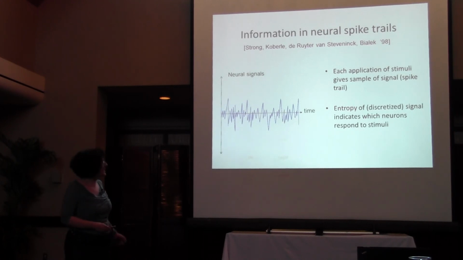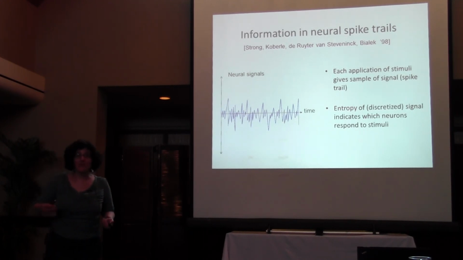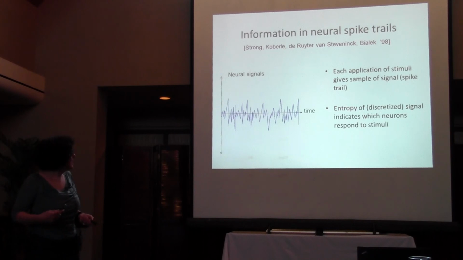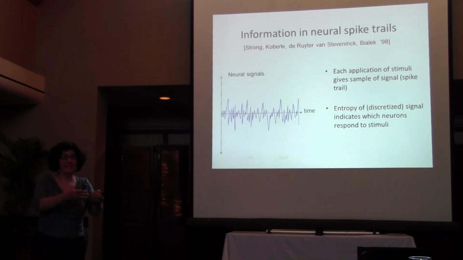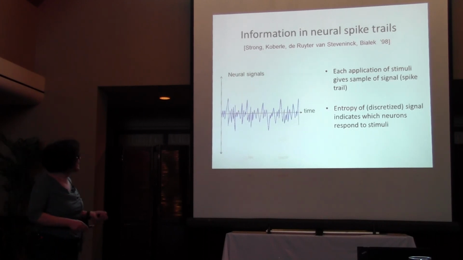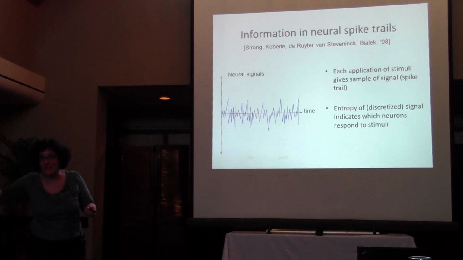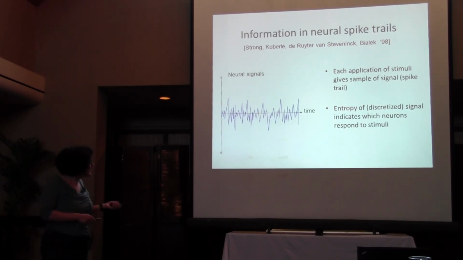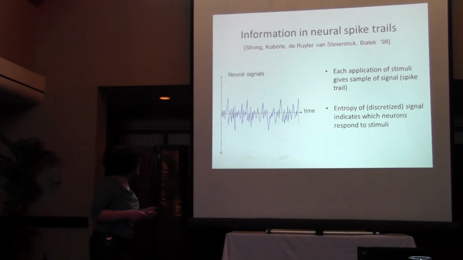They were interested in determining whether there's information in neural signals. They were trying to see, does this particular neuron respond to that particular edge detection? Each application of a stimulus gave a sample of the signal, but they never got exactly the same thing, so it wasn't like a 0-1 learning case. So they estimated the entropy of the discretized signal in order to figure out which neurons responded to the stimuli.